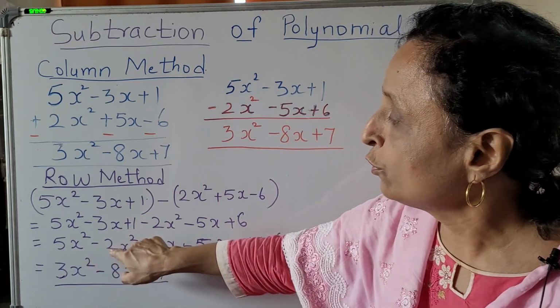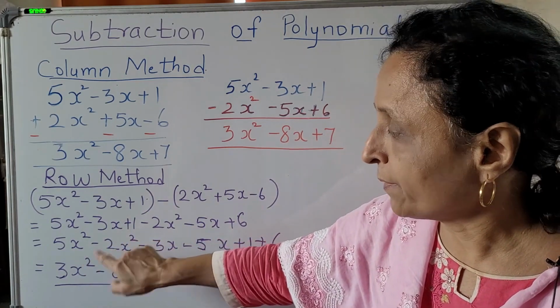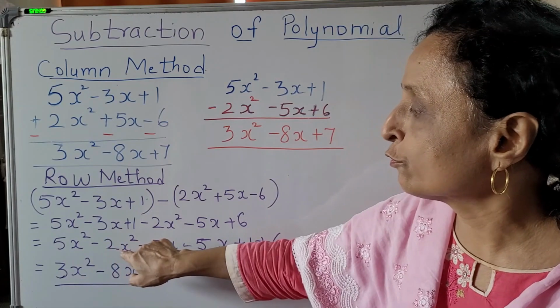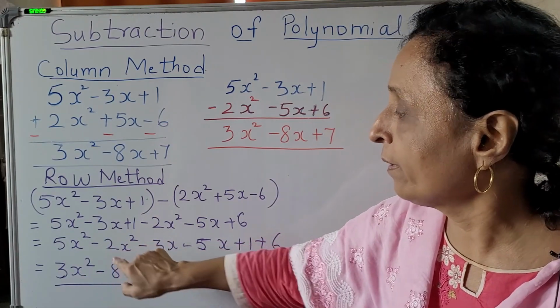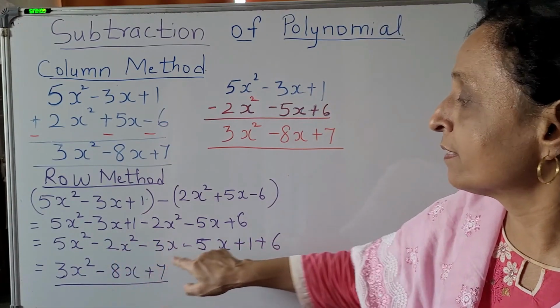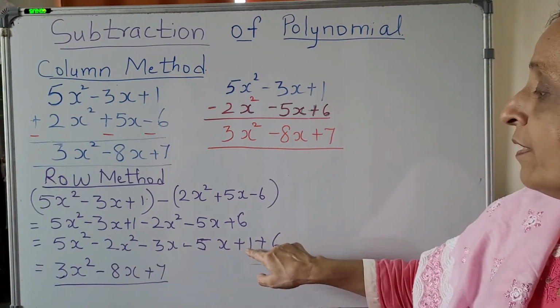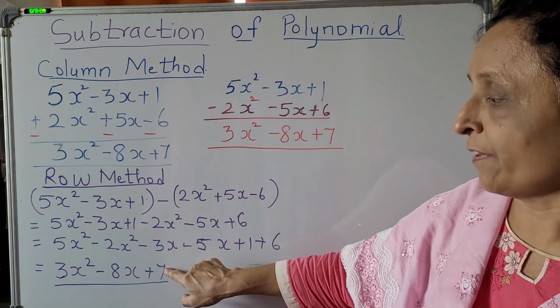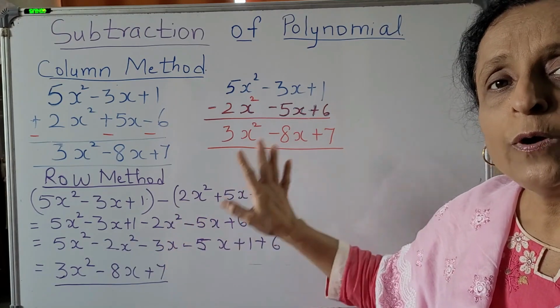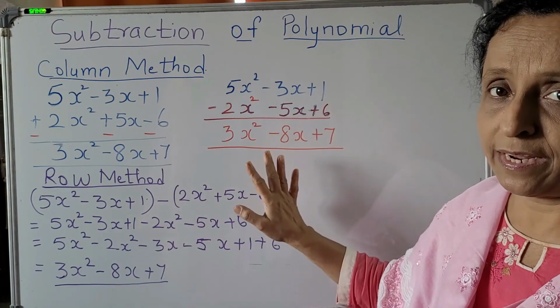Now these have to be subtracted. 5 minus 2 is 3x square, minus 3x minus 5x becomes minus 8x, and 1 plus 6 becomes 7. So this is how it has to be subtracted.